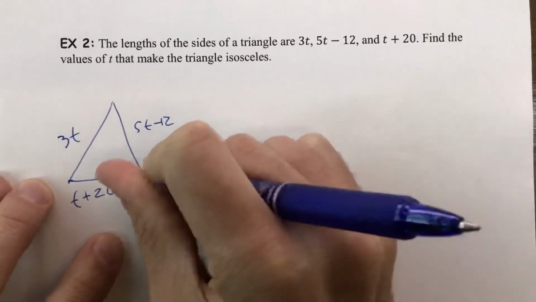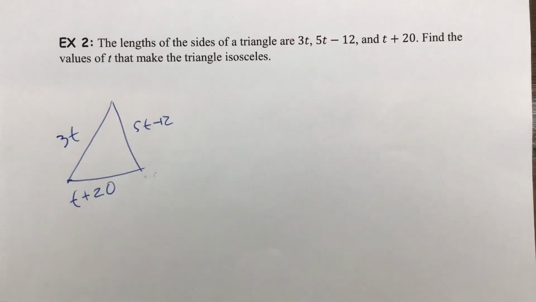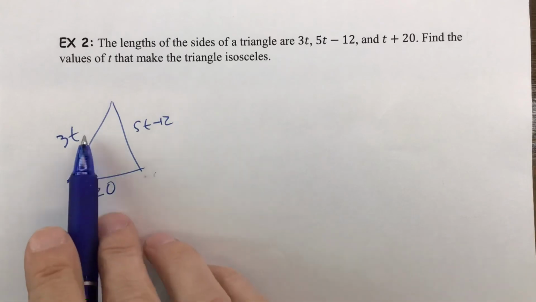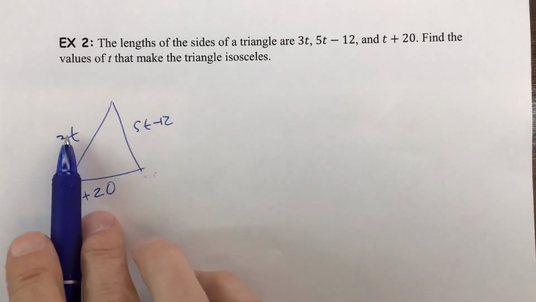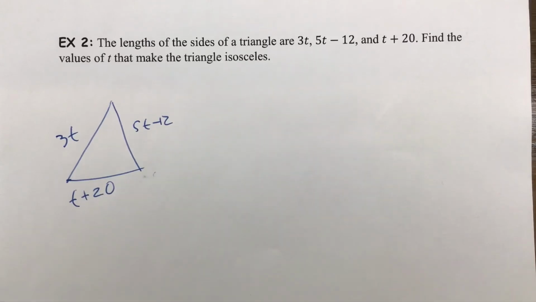For this to be isosceles, at least 2 of the sides need to be congruent. So we have to look at 3 different cases. It could be these 2 are congruent, these 2, or these 2. So we really just have 3 problems to figure out.